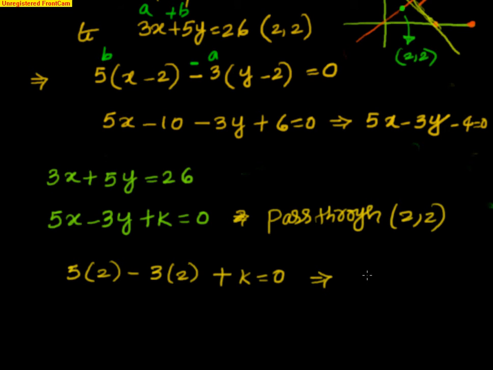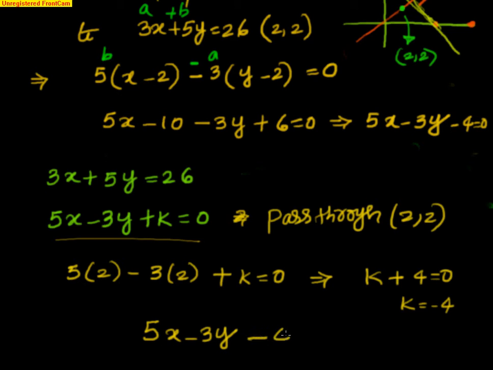That gives me 10 minus 6, so k plus 4 is equal to 0. That gives me k equal to minus 4. So if I substitute in this equation, it becomes 5x minus 3y minus 4 is equal to 0.